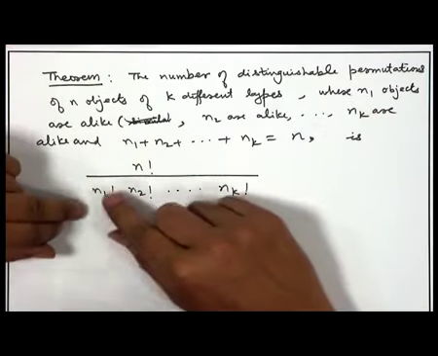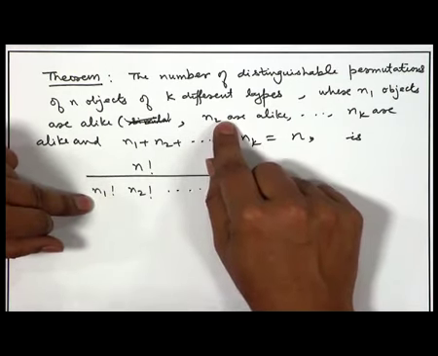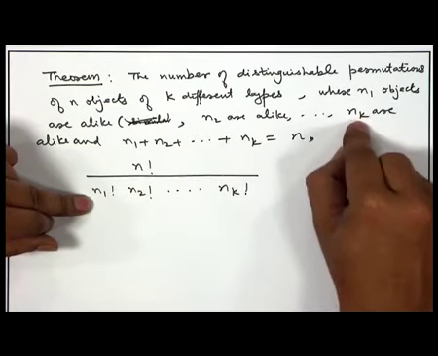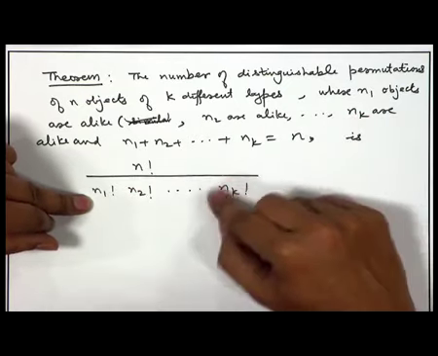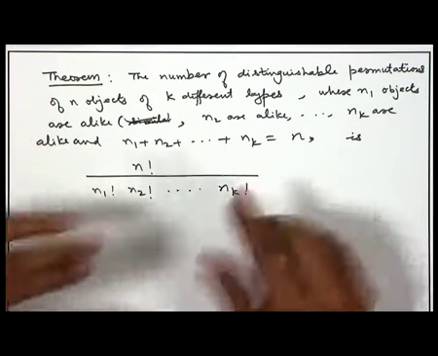Now if we extend this argument, then if n1 things are same, then we should divide by n1 factorial. Then another n2 type of things are same, then we should divide by n2 factorial and so on. Finally, when nk things are same, then those nk factorial arrangements also have to be divided, because the number of ordered arrangements is same as the unordered arrangement, since the ordering does not make any difference, because all of the items are alike.